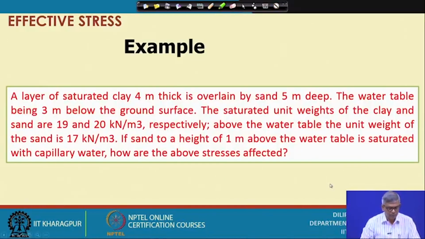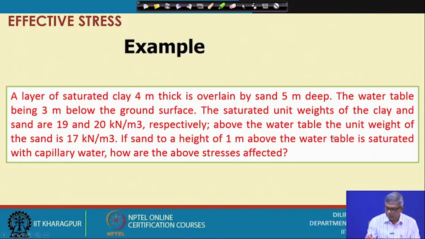Now, suppose this is a problem. A layer of saturated clay 4 meter thick is overlain by sand 5 meter deep. The water table being 3 meter below the ground surface, the saturated unit weight of the clay and sand are 19 and 20 respectively.